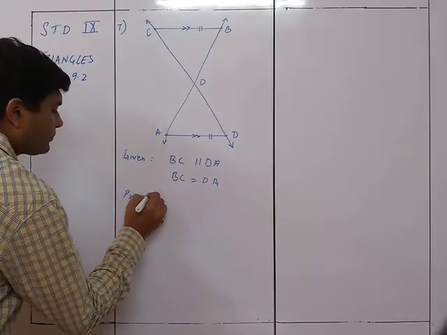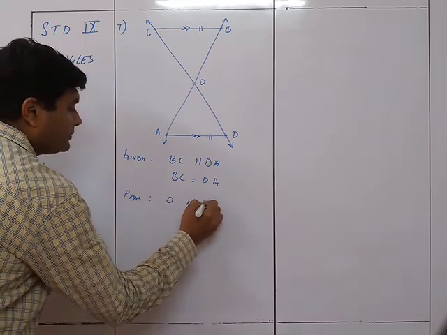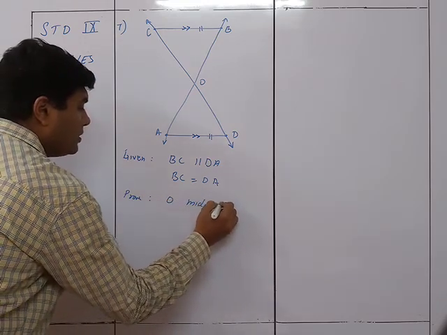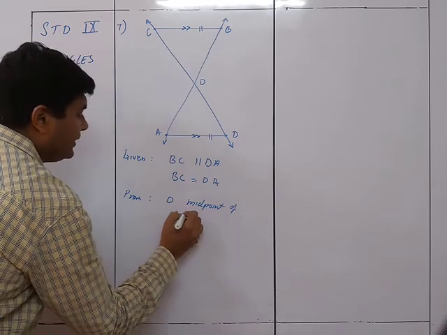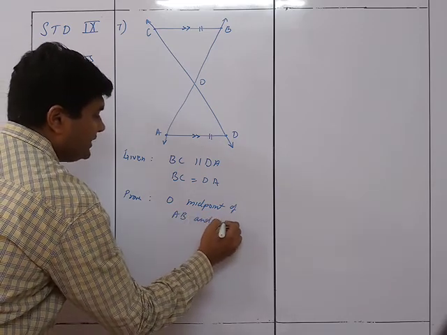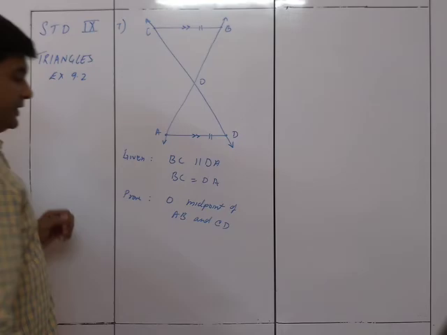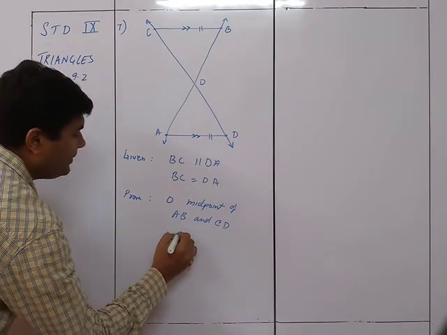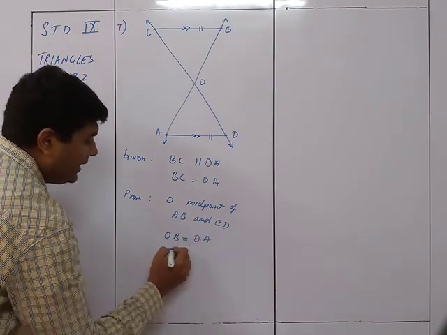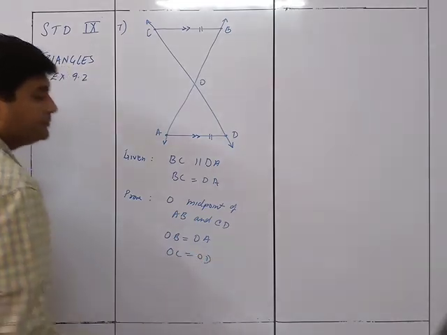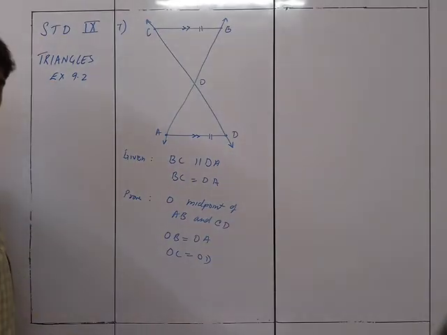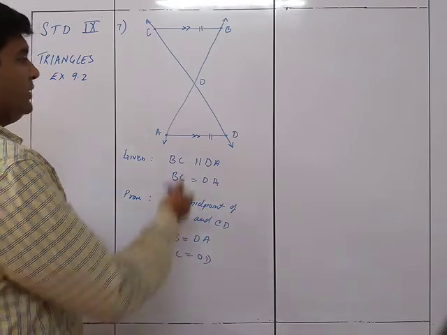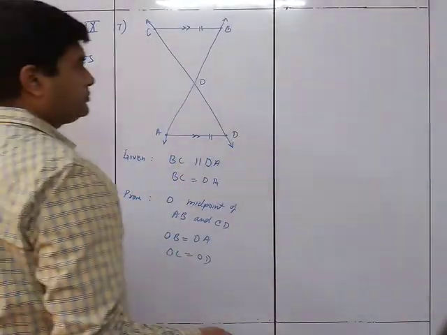To prove O is the midpoint of AB and CD, that means I need to prove that OB is equal to OA and OC is equal to OD. This is what I need to prove, right? So of course we need to take these two triangles.